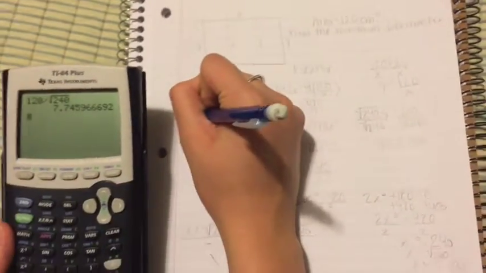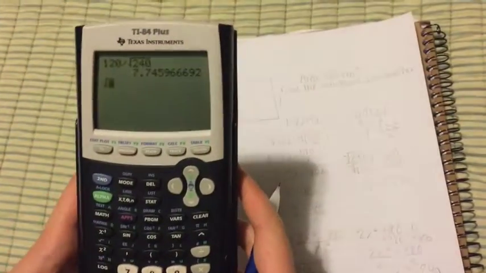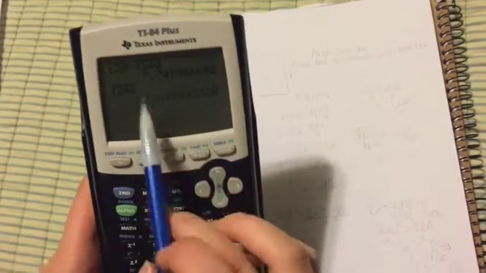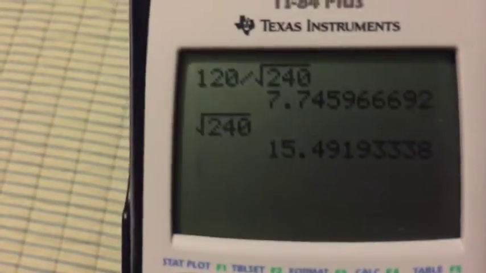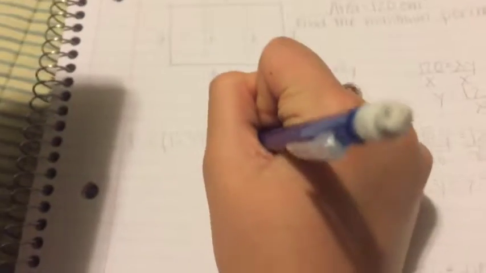So P is equal to 2 times, let's get the exact number here. So the exact number for the square root of 240 is 15.492, plus 4 times what y is, 7.746. Alright, but we're going to use the actual equations here.